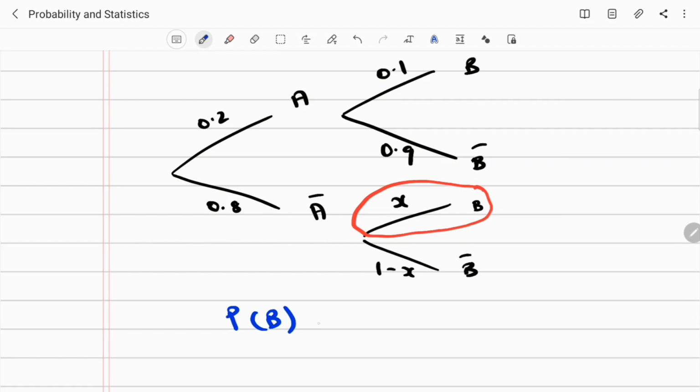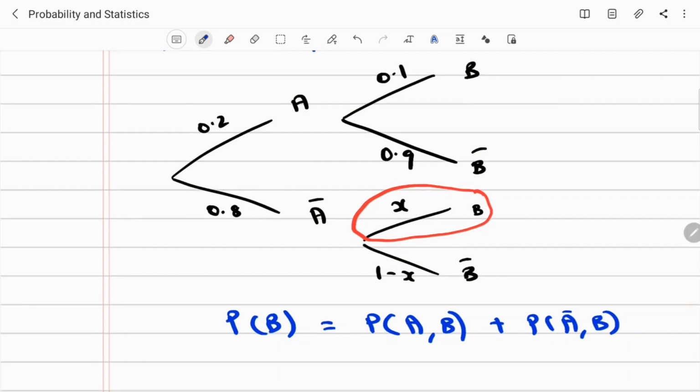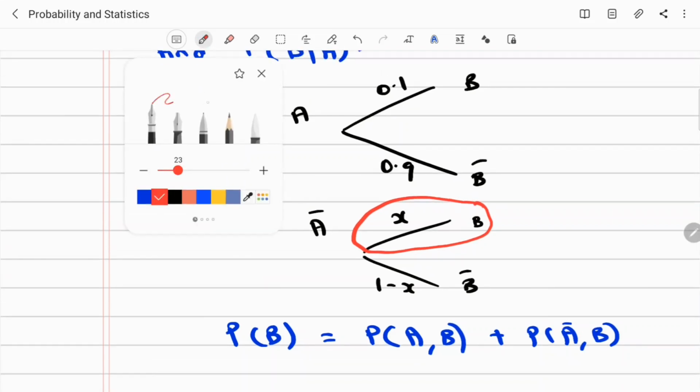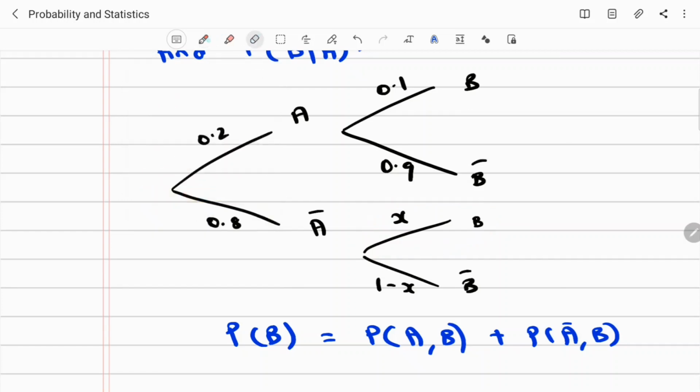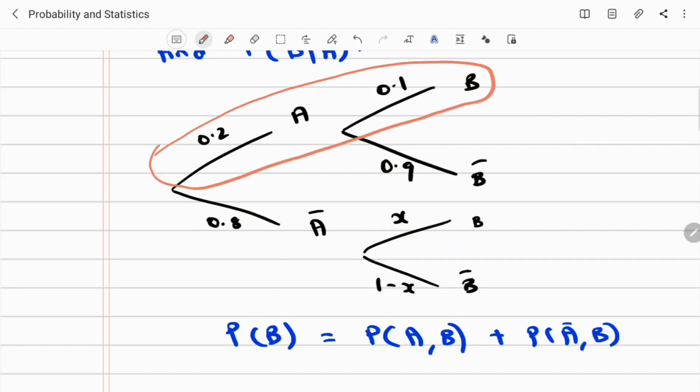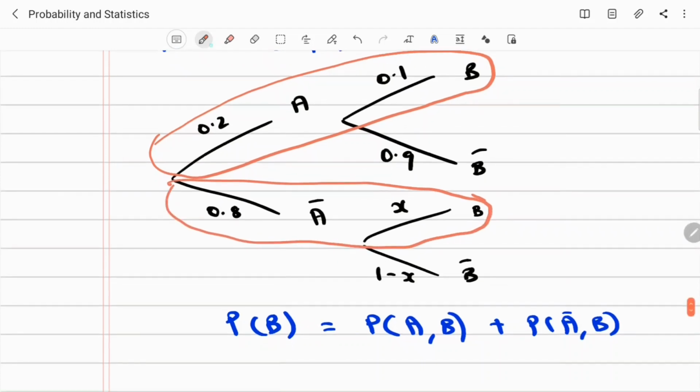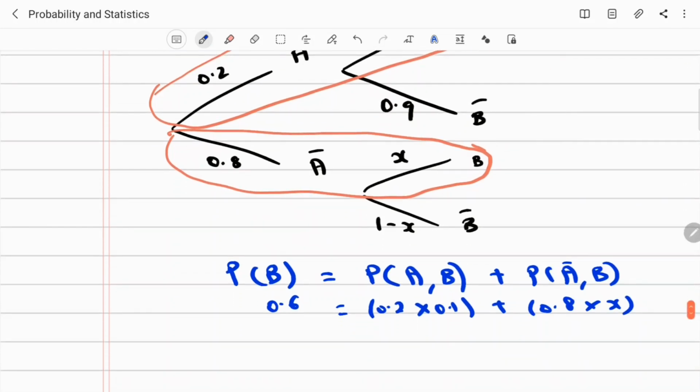The probability of B can happen through A, or it could happen first through A dash, then B. So we have this branch, A first then B, or this branch, A dash then B. Therefore, we have 0.2 times 0.1 plus the second branch 0.8 times X. This is equal to 0.6, the probability of B. When you solve it, you will have X equal to 0.725.